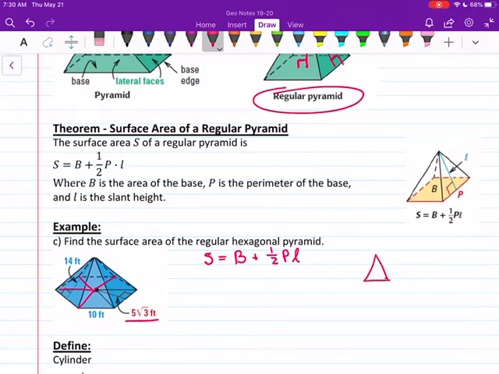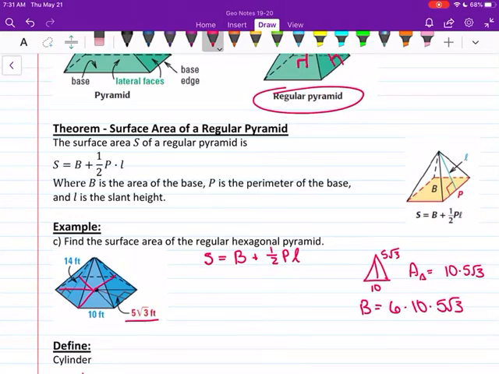If I look at one of those triangles, it has a height of 5√3 and a base length of 10. So the area of that triangle is going to equal 1/2 times 10 times 5√3. And I have 6 of those, so my base area is going to equal 6 times 1/2 times 10 times 5√3.